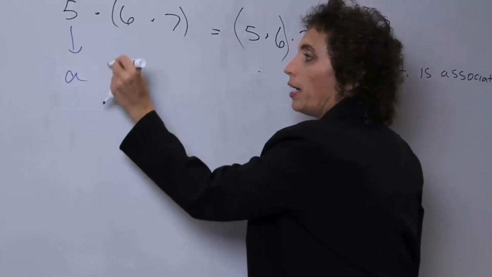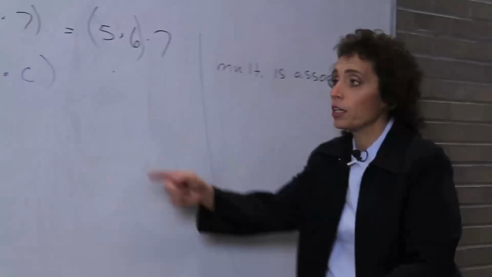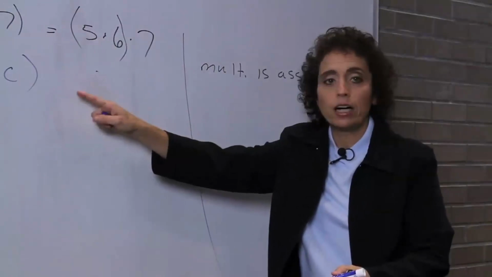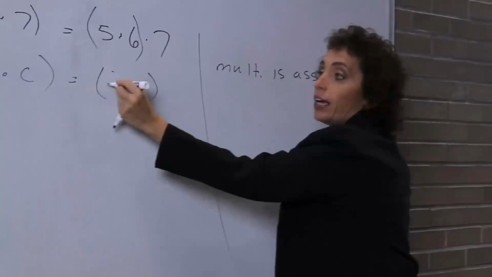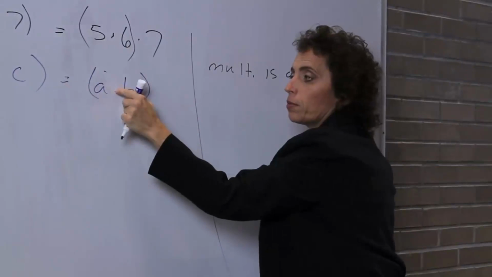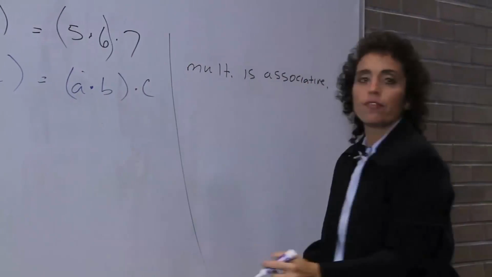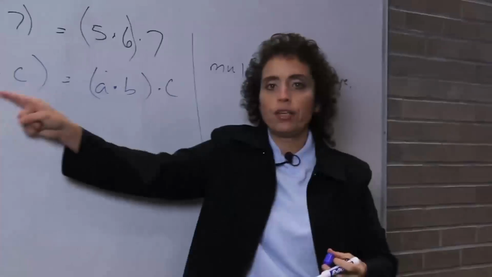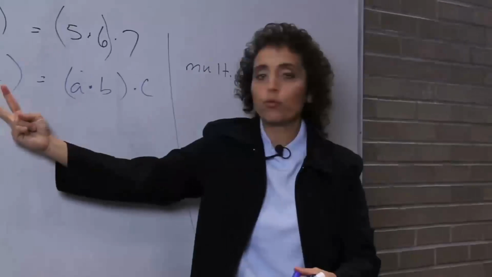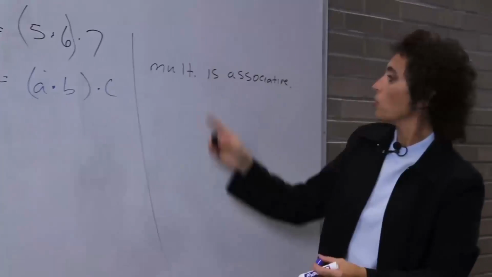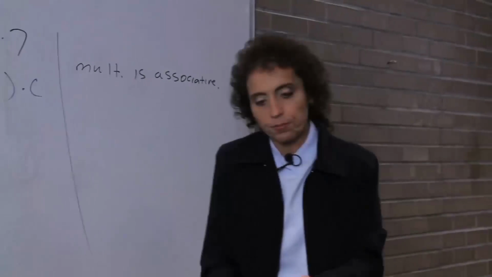If 5 is A, and 6 is B, and 7 is C, we have A times the quantity B times C, keeping our letters the same. 5 is A, 6 is B, 7 is C, we have that. So again, we kept the order, A, B, C, but we just switched the grouping. So B is hanging with C, here B is hanging with A. So multiplication is associative, and you can write it in math, or you can write it in symbols.